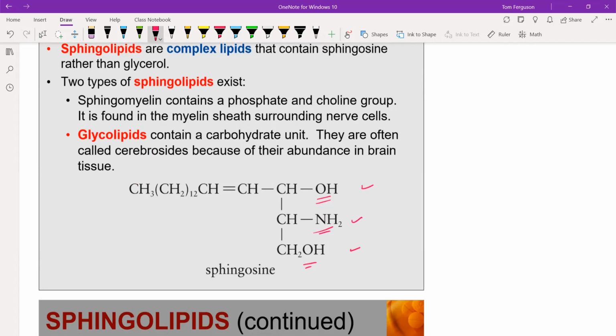We can have glycolipids, which means it is a carb plus a lipid. And carbohydrates, remember, are easy to form esters; this is a hydroxyl group acting as an alcohol.